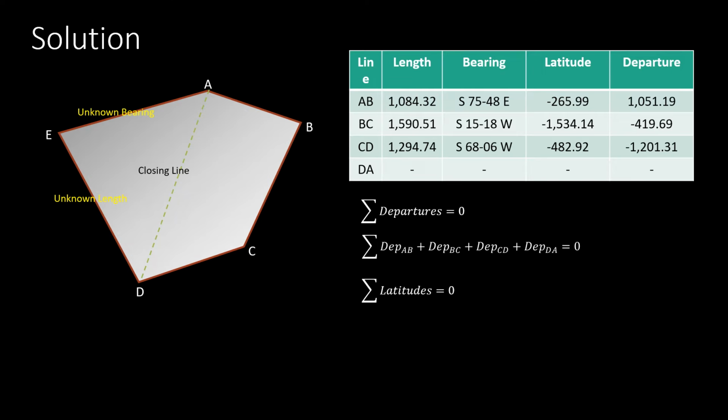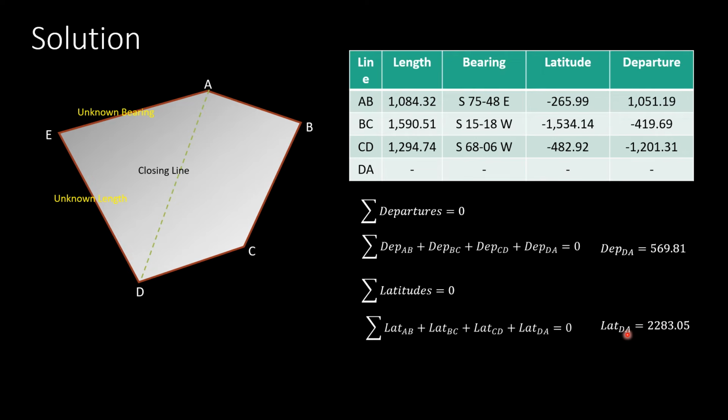For the sum of the departures equal to 0, we add the departures of AB, BC, CD, and DA, equating it to 0. We'll be able to find the departure of line DA equal to 569.81. For the latitudes, we add the latitudes of AB, BC, CD, and DA and equate it to 0, and we'll get the latitude of DA equal to 2283.05.